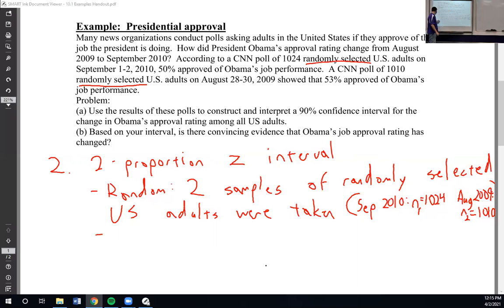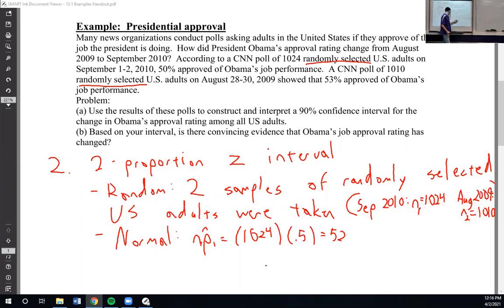Normal. N times P hat 1. We need to check N times P and N times 1 minus P for both cases. N1 times P hat 1, that was 1,024 times 0.5.